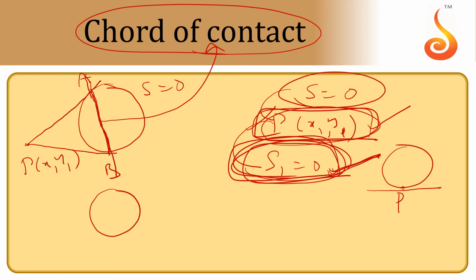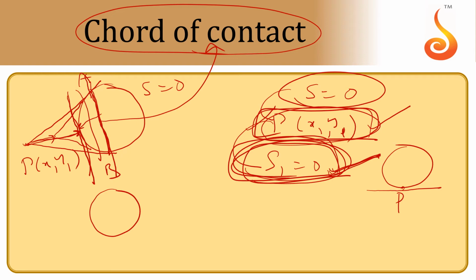Suppose this point P moves towards the circle, observe, the chord of contact moves slowly and it will become the tangent. When P comes onto the circle, the chord of contact also becomes the tangent.